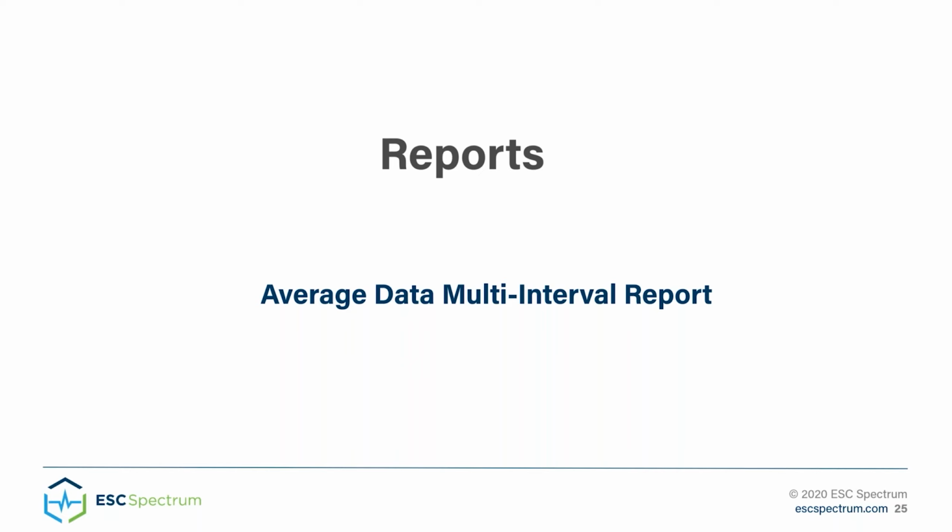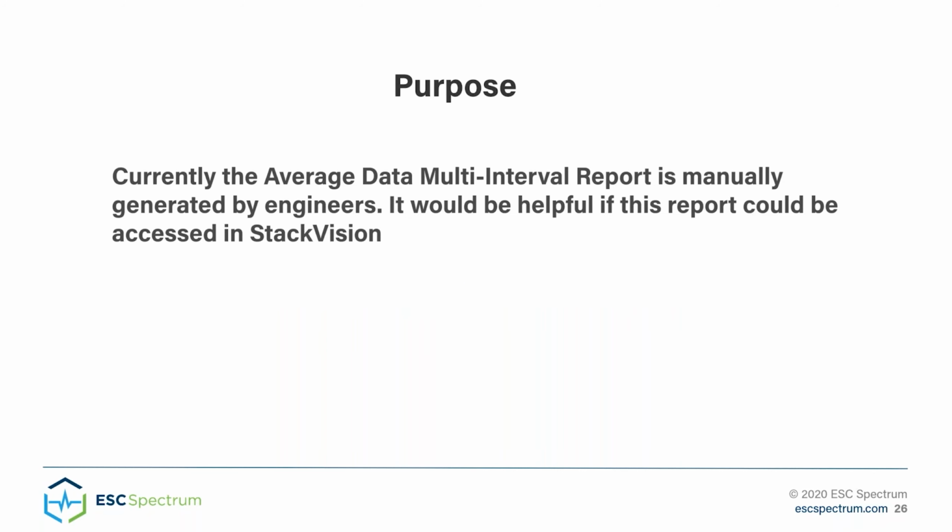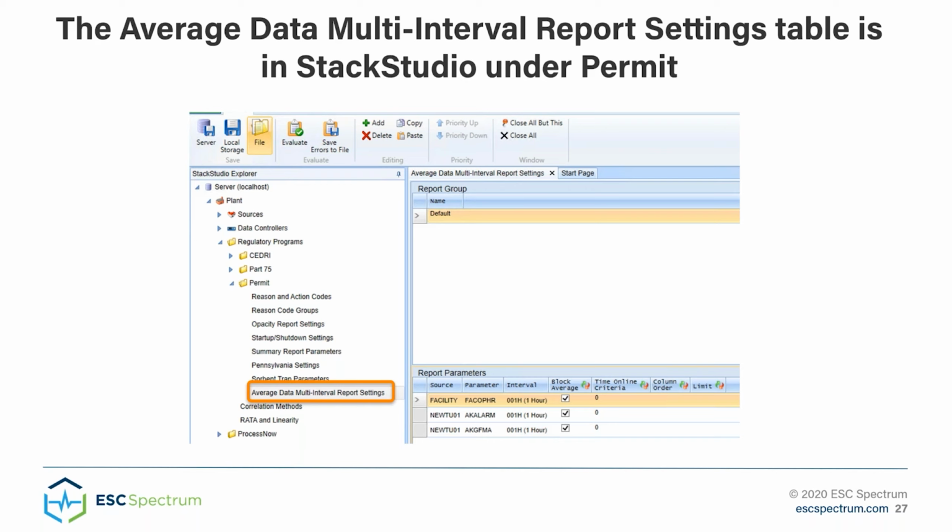Reports: average data multi-interval report. This report was added to StackVision so that it can be accessed by all users. When upgrading from a previous version of StackVision that had these report parameters configured in SQL, the parameters will now appear in the new Stack Studio editor in a group named default.